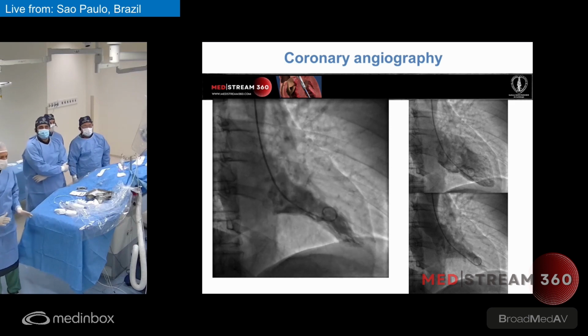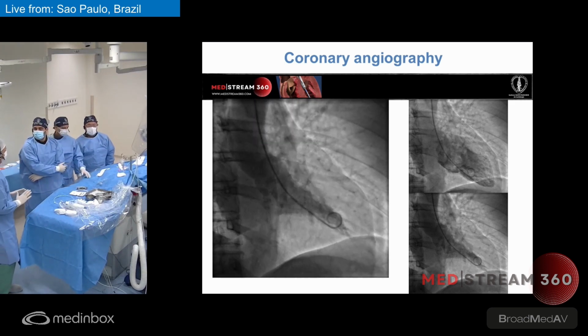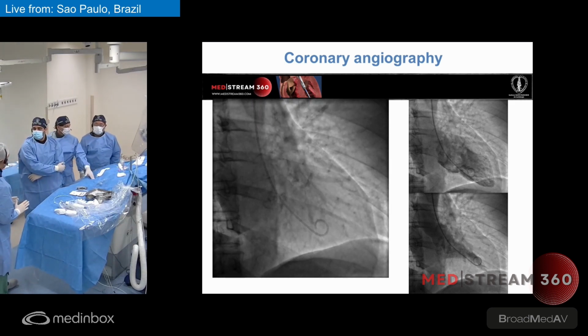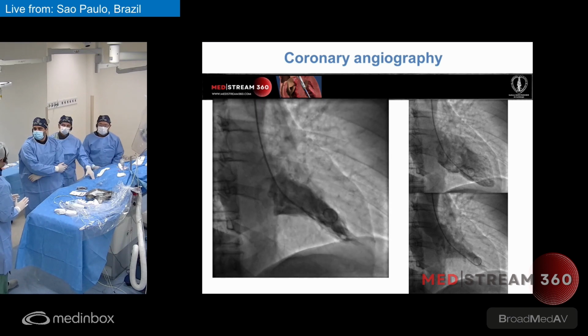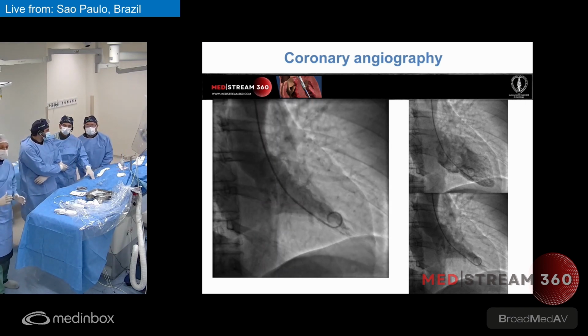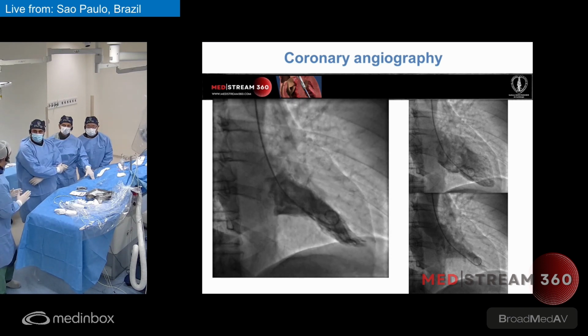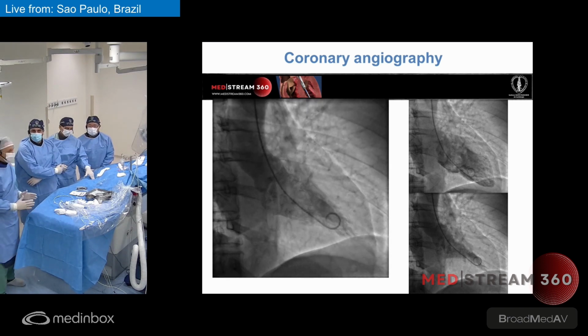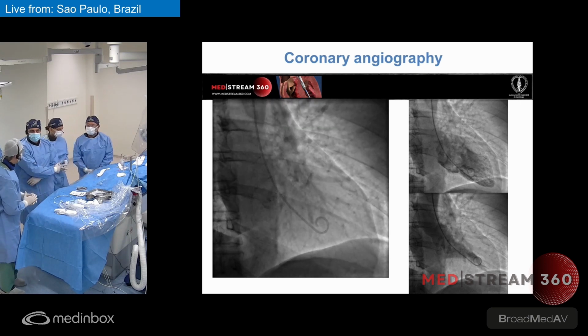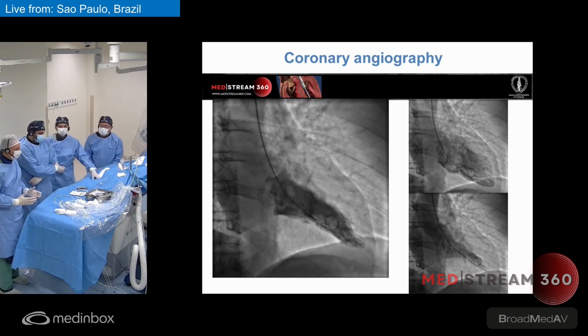So, summarizing the case, this came with ACS, non-STEMI, and this patient had a previous procedure into the RCA for another STEMI with 2 DES there. And I also would like to welcome Rodolfo Staico, our senior staff, here with us as well.